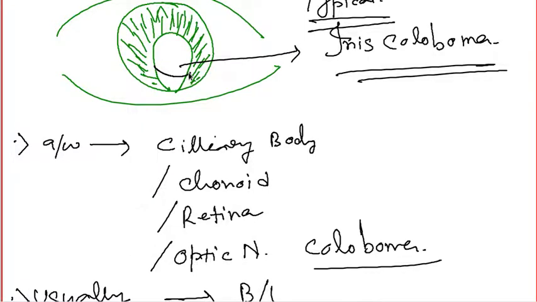The lens will be inside and this part can be seen from the outside. So this lens is dividing this part of the iris into two parts.